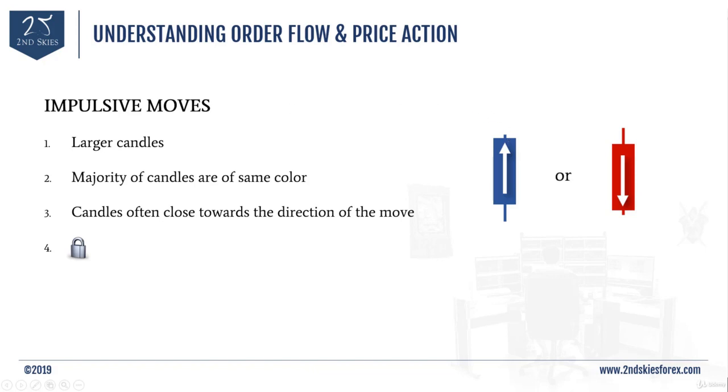Closing near the highs on a bullish candle or closing near the lows on a bearish candle indicates that the buying pressure really didn't let up a whole lot going into the close of that particular candle. So it's super important that you're able to see why this, both individually and then all three of these characteristics collectively, indicate a strong presence of buying or selling pressure.